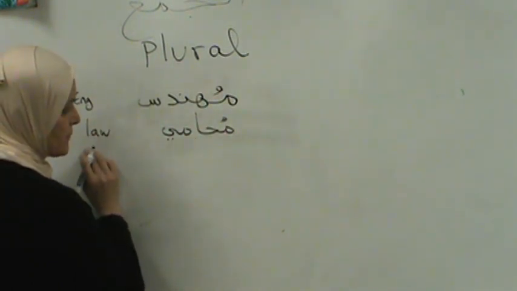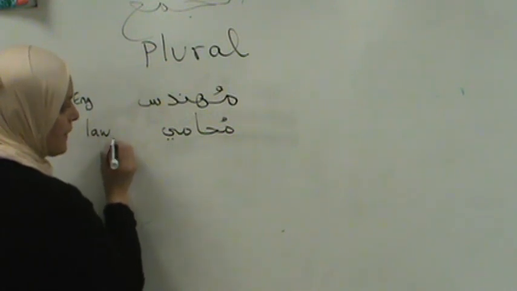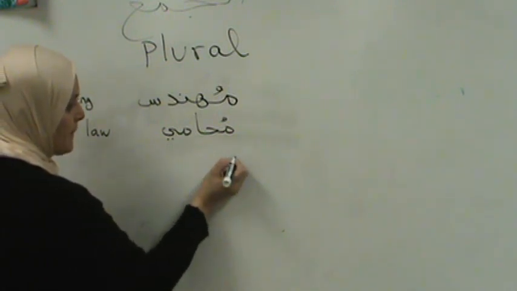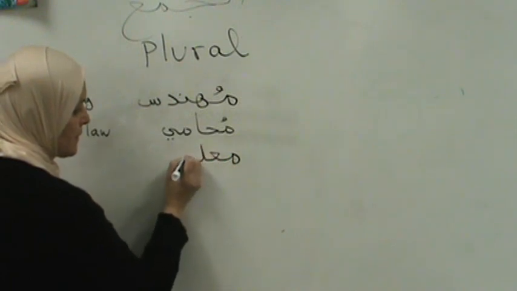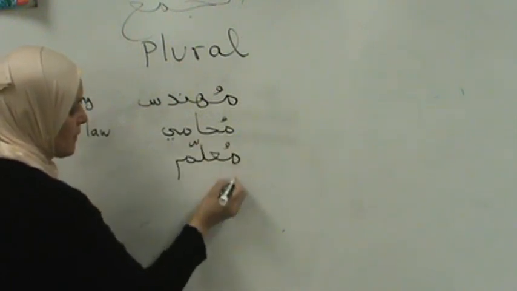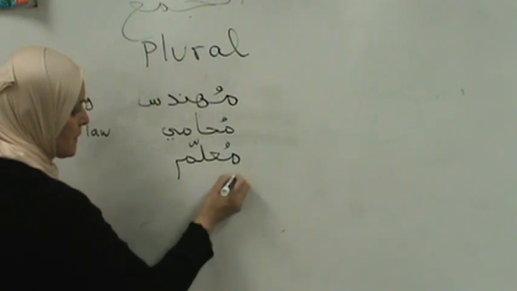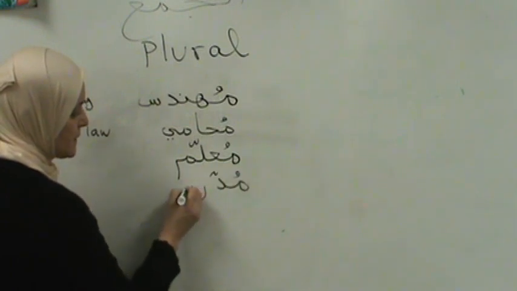I'm going to put the three, the lawyer. معلم, it's a teacher. مدرس is also a teacher.